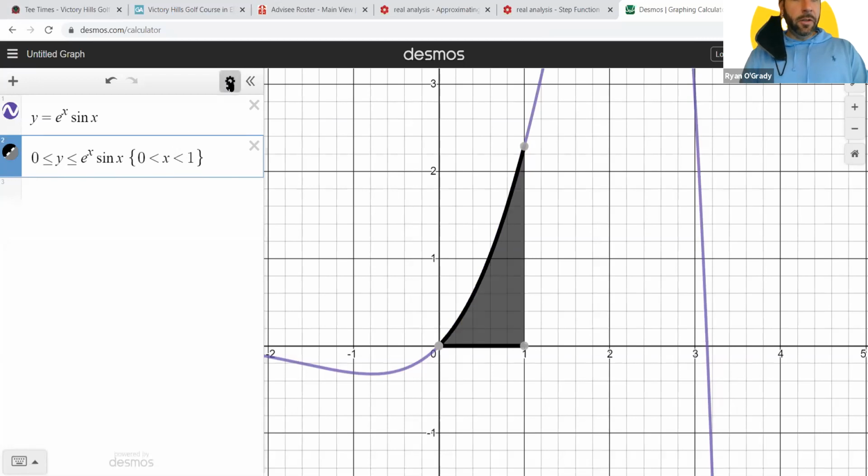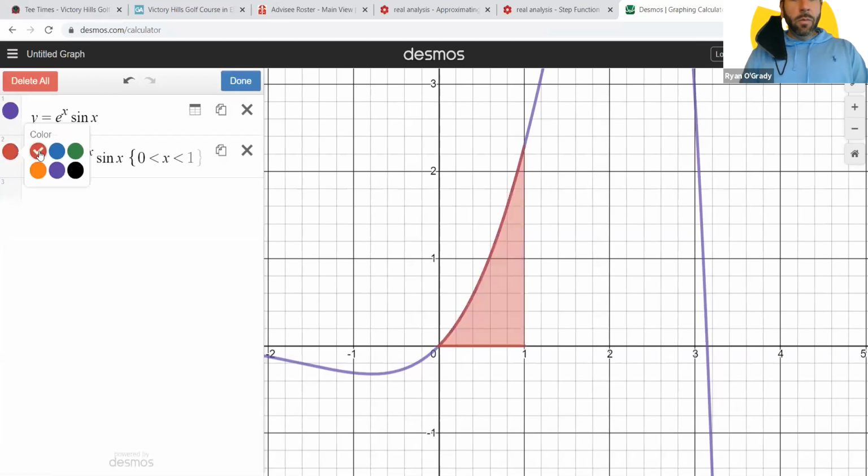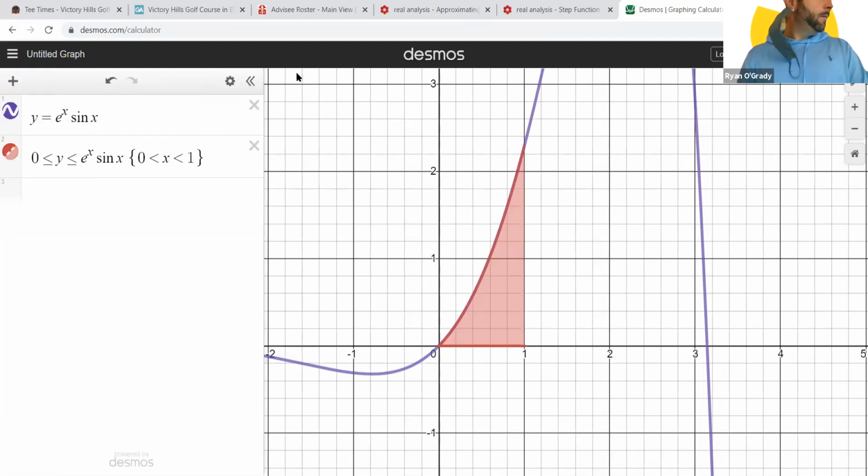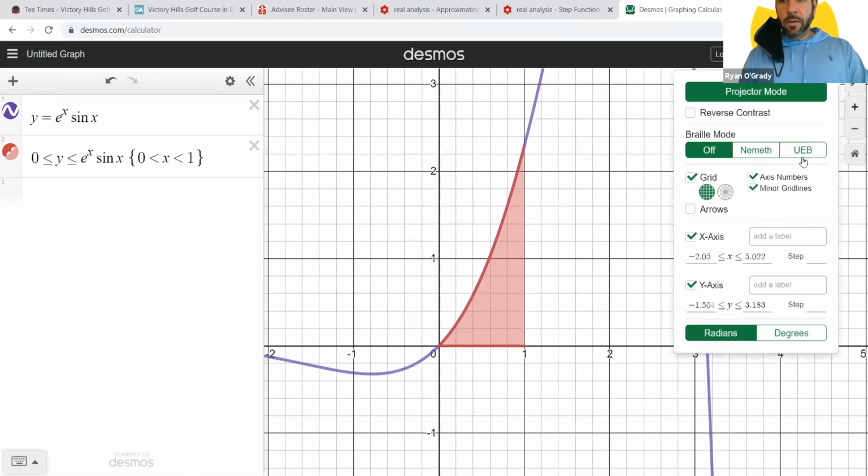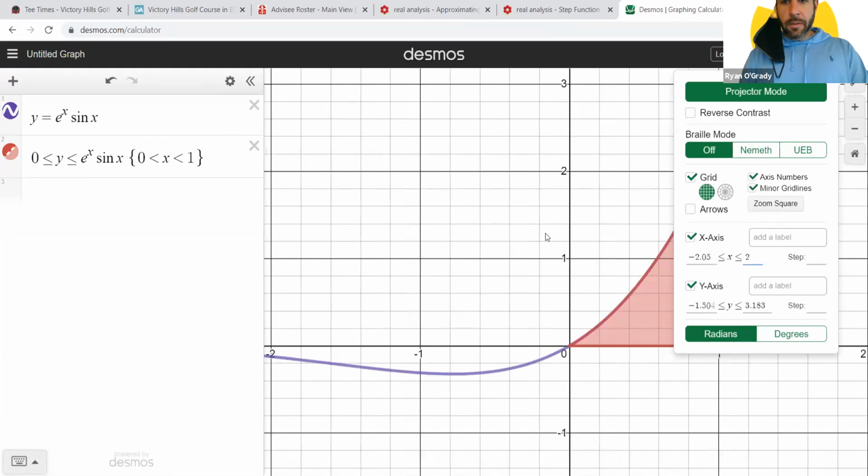I'm going to change the color and make it red. We want the integral here, which will give us this area, correct? Let me change my scale a little bit so it's a little less daunting.